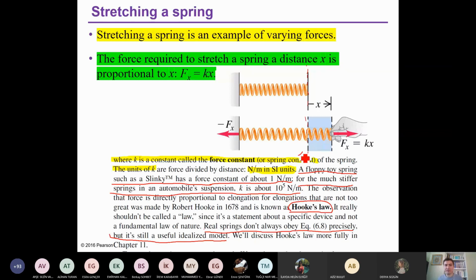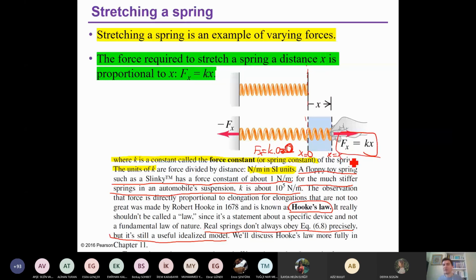Force is k times 0, so the force is 0. But when the position is x, the force is given by this equation. So as we increase x, F also increases.